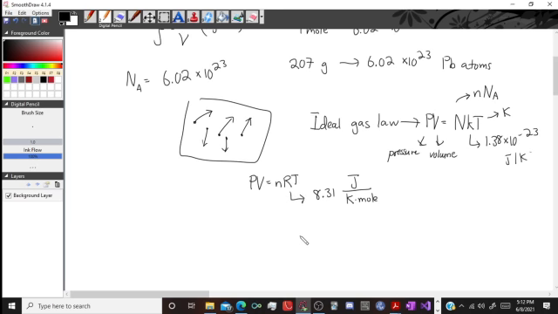Earlier I mentioned that temperature is related to the average kinetic energy, and for a monoatomic gas, the average kinetic energy is equal to 3/2 kT, and this is only for a monoatomic gas.